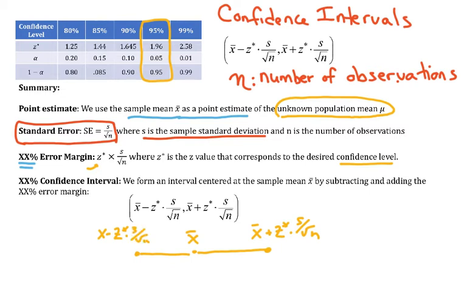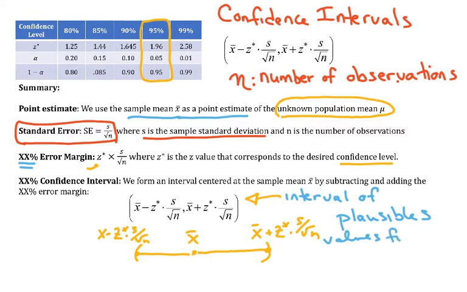And this gives us an interval around the sample mean that will be centered at the sample mean. So this provides what we call an interval of plausible values for the unknown population mean mu. Remember, that is unknown or we wouldn't be doing this.